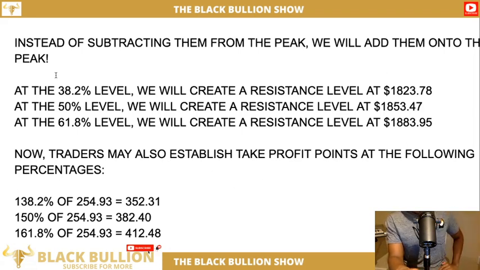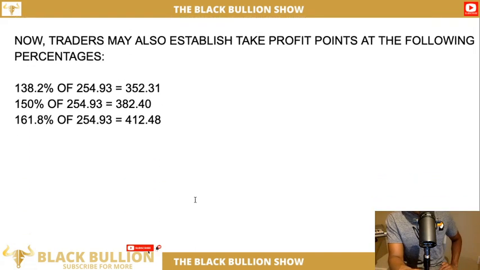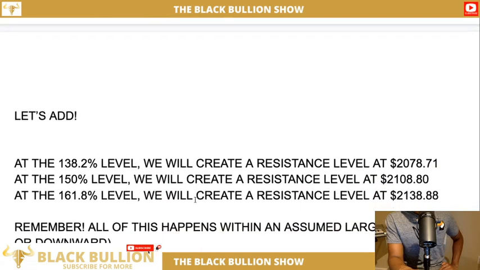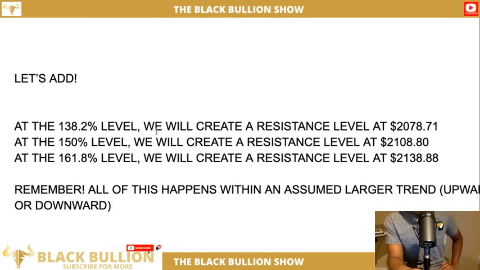So instead of these percentages, they may actually take profits at these percentages. So 138.2%, 150%, and 161.8%. I'm not going to go into why these numbers are important, but definitely check out that article to get a better understanding. So let's add 138.2%.